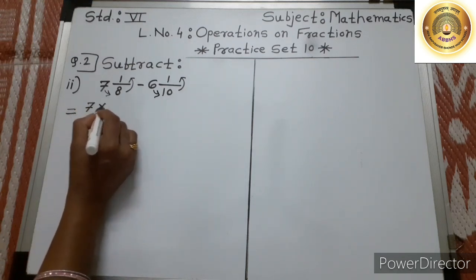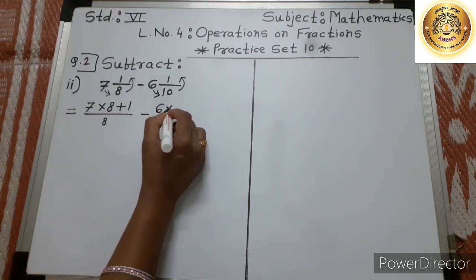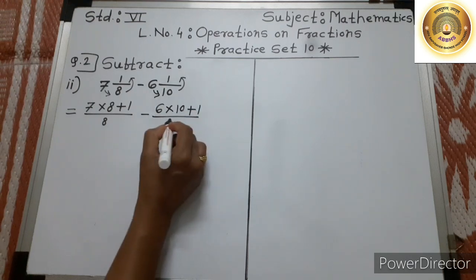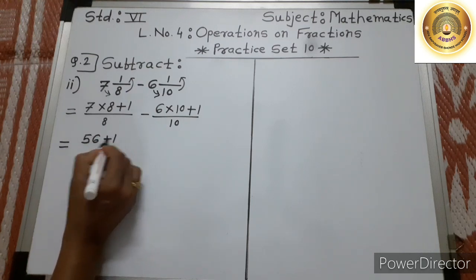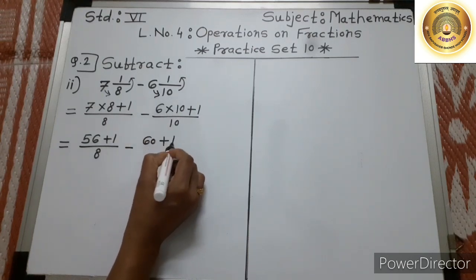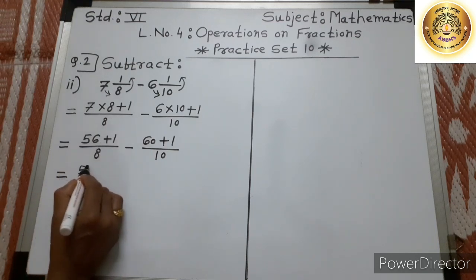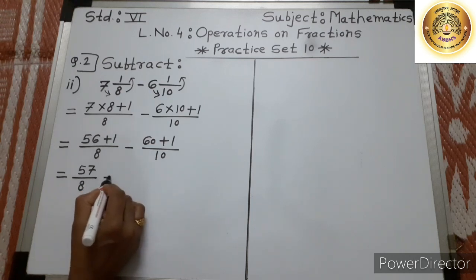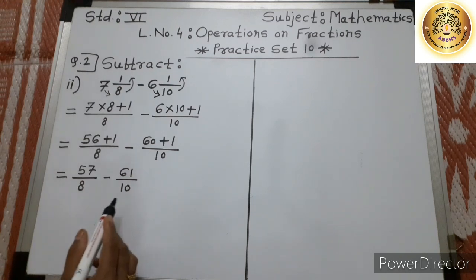So 7 into 8 plus 1 upon 8 minus 6 into 10 plus 1 upon 10. 7 8s are 56 plus 1 upon 8 minus 6 10s are 60 plus 1 upon 10. 56 plus 1, 57 upon 8 minus 60 plus 1, 61 upon 10. These are unlike fractions.